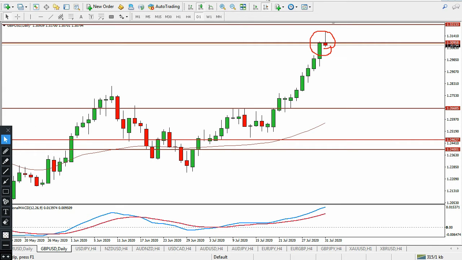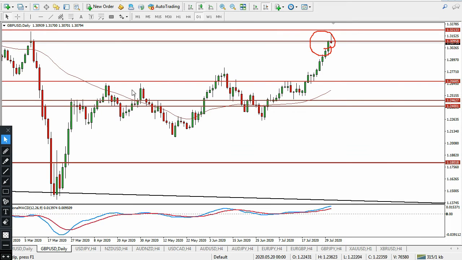So what will be the next move? After achieving my target, I am now looking for some short positions over this strong resistance zone. My overall view about the Pound USD is a downside move. Our next target is 1.26.